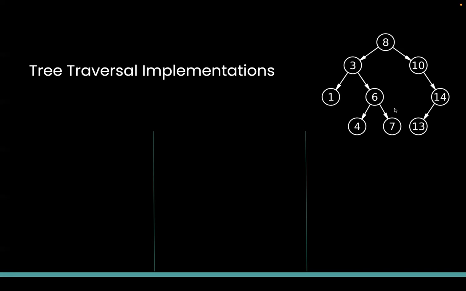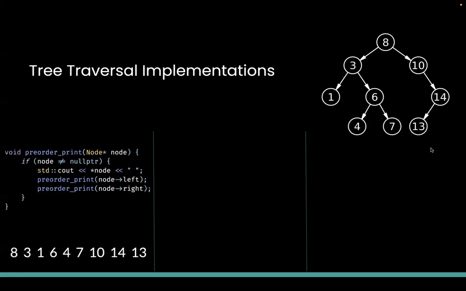The first approach that you could take is something known as pre-order traversal, or pre-order print as it's defined. That would print the nodes by visiting a node, visiting its left children, and visiting its right children, right?